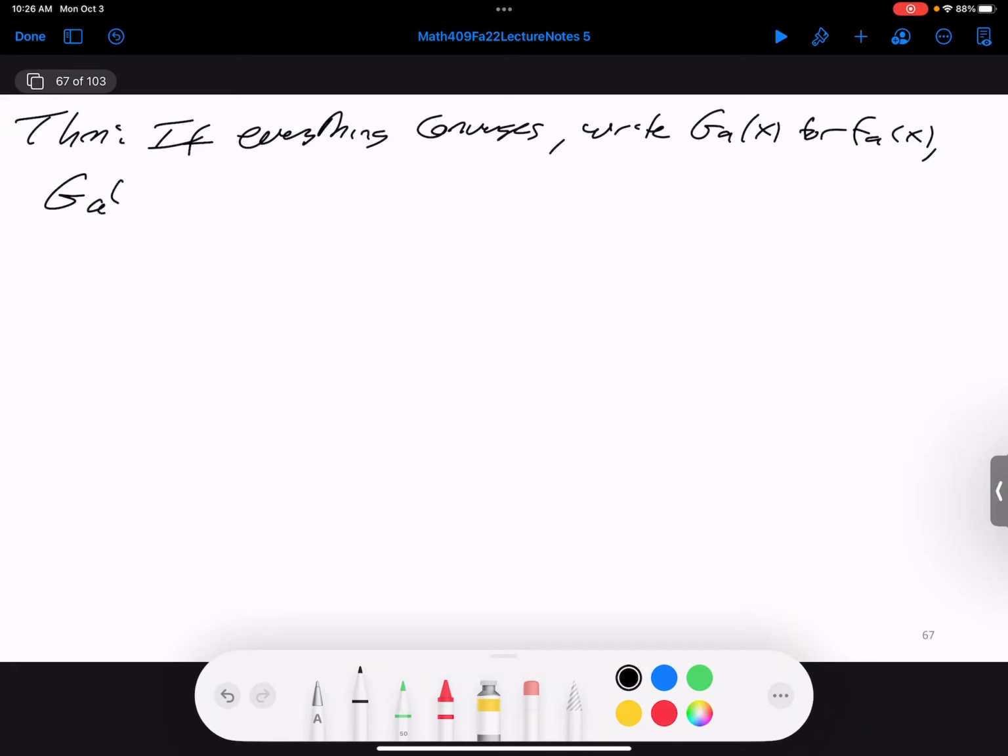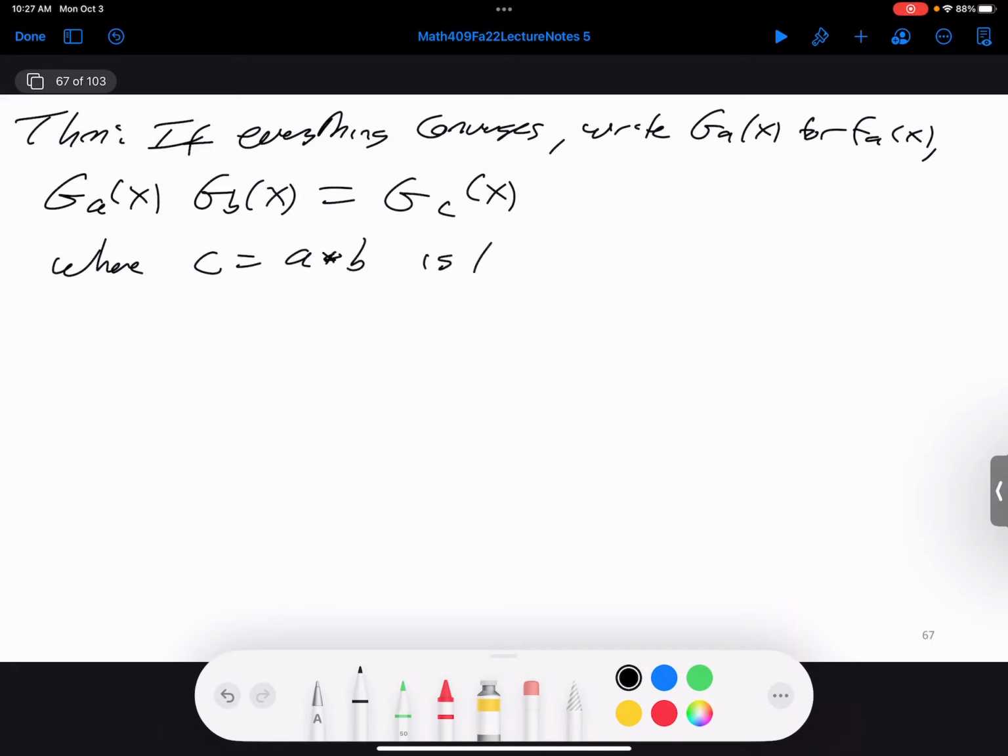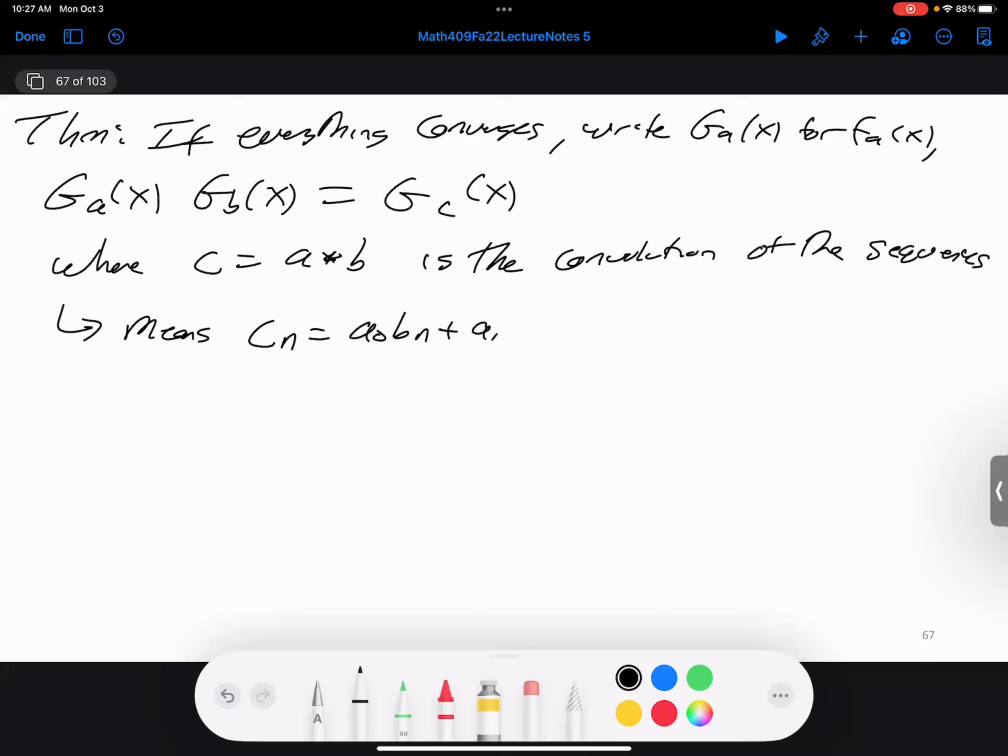The generating function of A times the generating function of B is the generating function of C, where C is A star B, the convolution of the sequences. This means C_n is a_0 b_n plus a_1 b_(n-1) plus dot dot dot plus a_(n-1) b_1 plus a_n b_0.